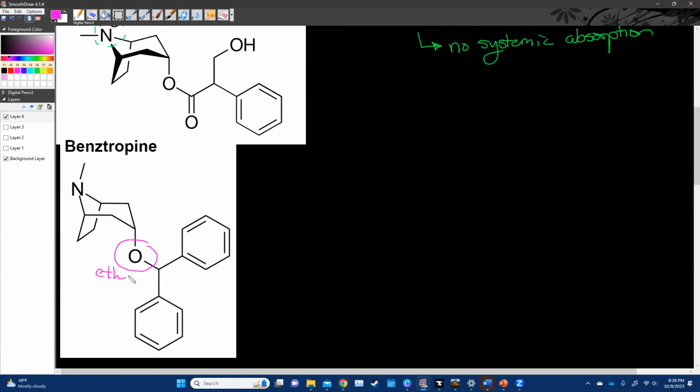It's just an ether. So we modified our ester into an ether. What is this going to do to the metabolism of the drug? Exactly. We're going to significantly decrease metabolism.